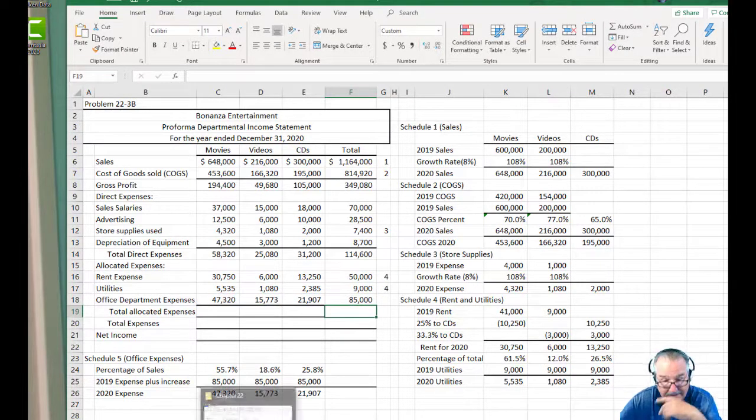It is. Now they've asked us to round these to 1 decimal point, so we might have a little bit of a rounding thing going. It's okay, not to worry.